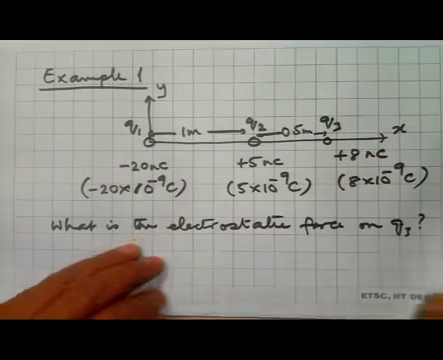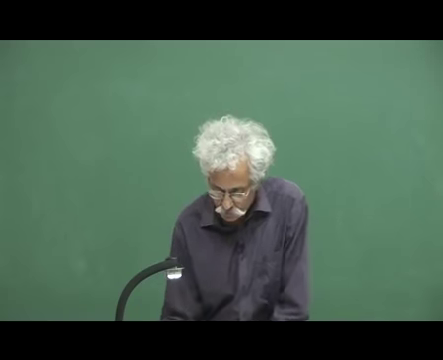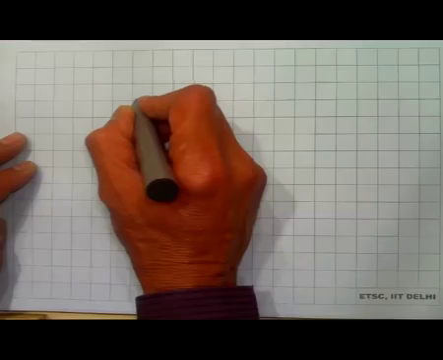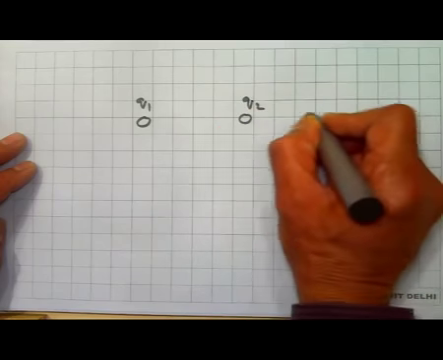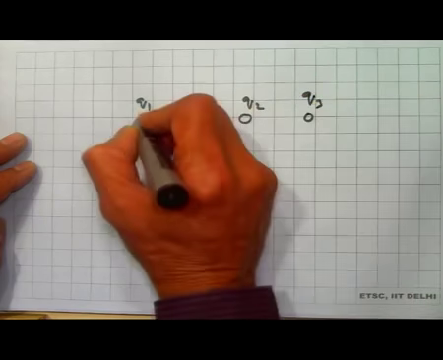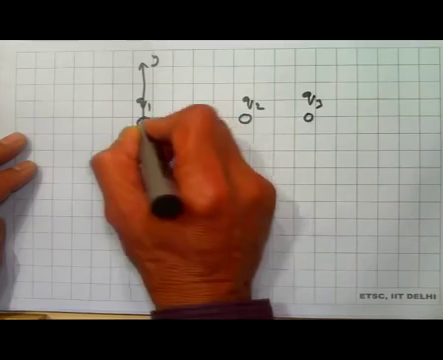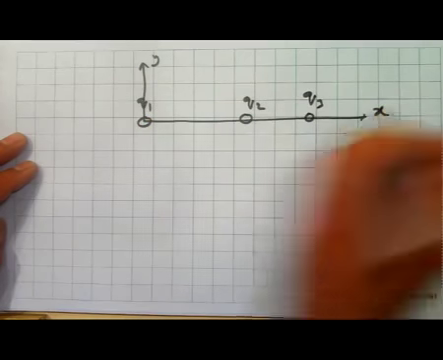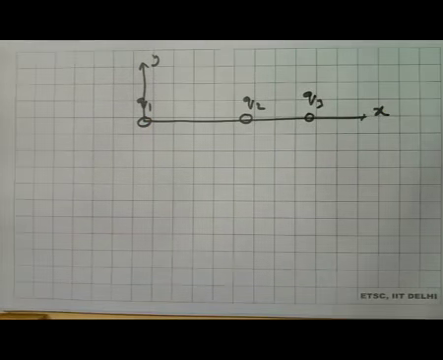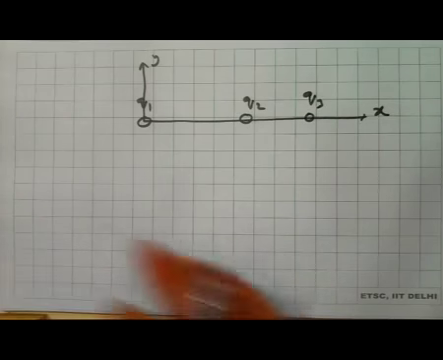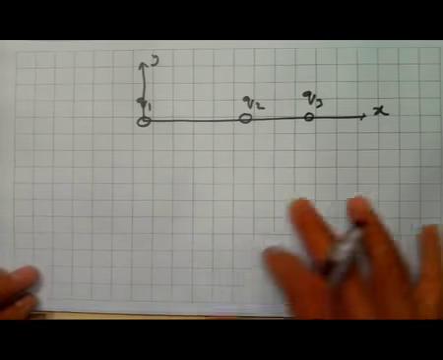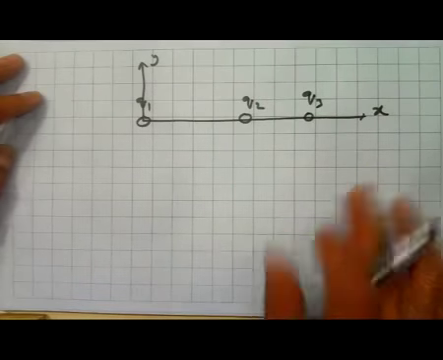Let me redraw the figure here. So, I have Q1, Q2 and a third Q3. This is the y axis, x axis. Now, this will help me to solve the problem a little more easily. As I mentioned, it is not necessary; I could have taken the origin at any point.